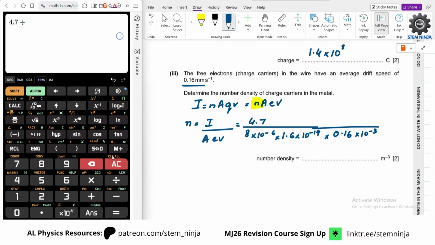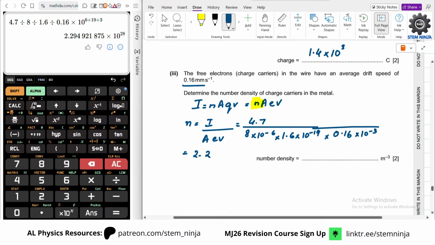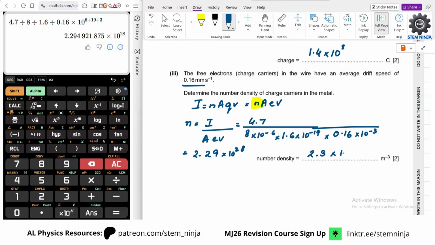So 4.7 divided by 8 divided by 1.6 divided by 0.16 times 10 raised to the power, oh no, sorry, 6 plus 19 plus 3. So 2.28 times 10 raised to the power 28. So 2.3 times 10 raised to the power 28.